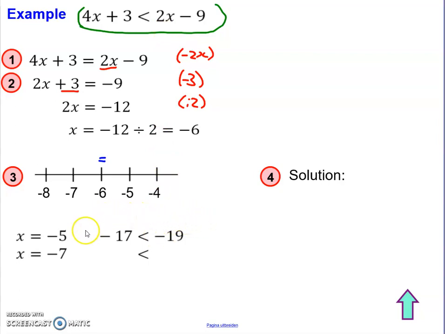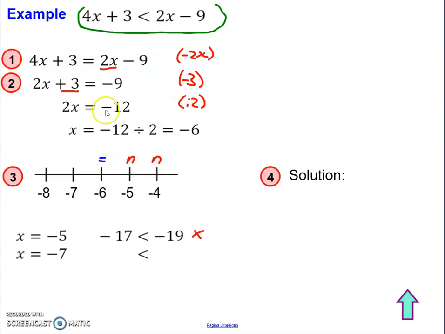So then I can see if this is correct or not. Is minus 17 less than minus 19? And this is not correct. So on my number line, I look for x is minus 5, and this was not correct. Then we used the N for not correct.